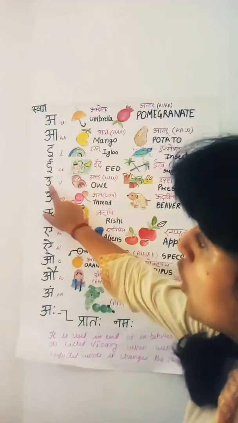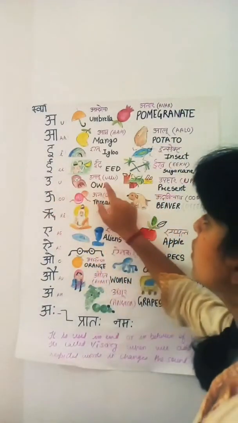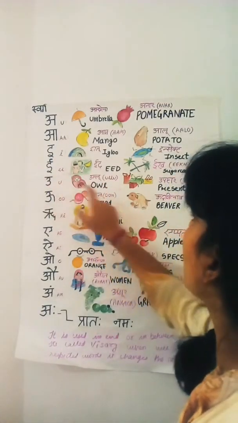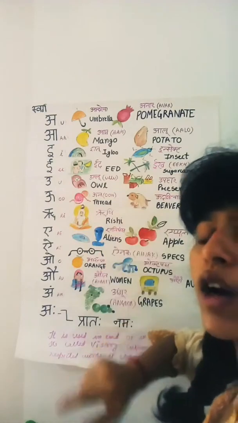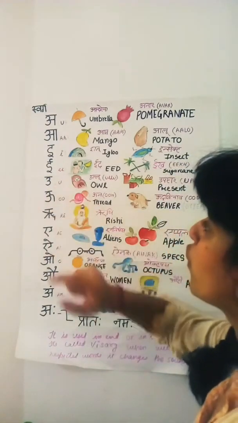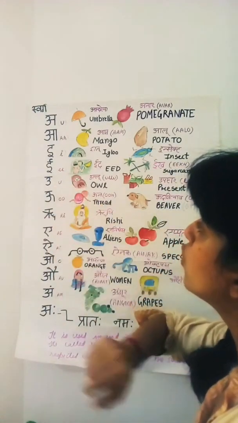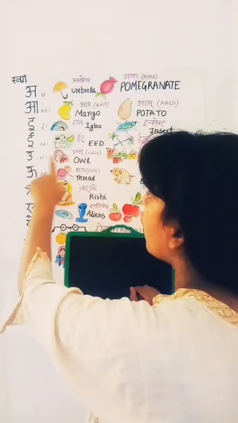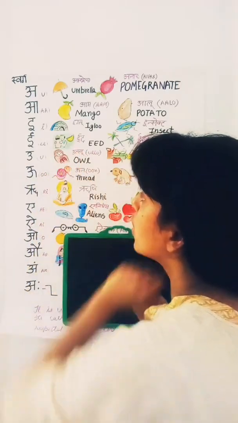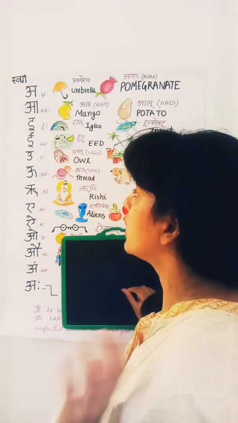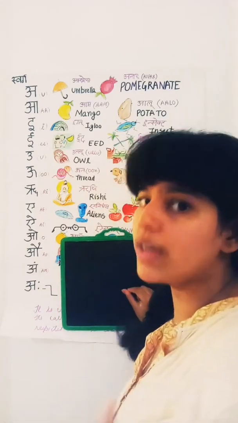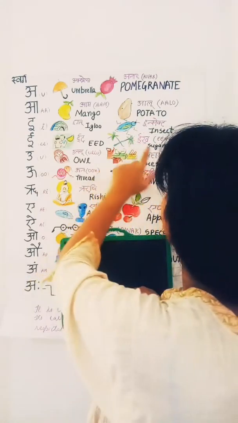Oo. Oo for Ullu. Oo for Upahar. So Ullu is a Hindi word and it's called owl in English.